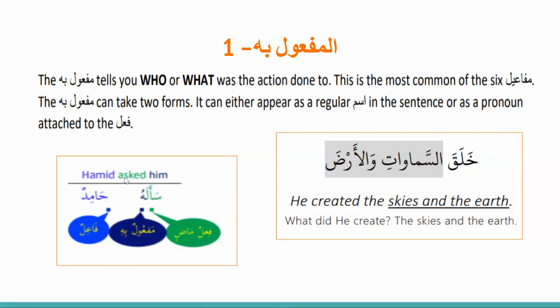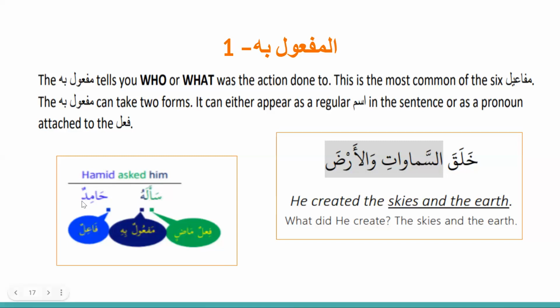And then in this sentence, we have an example of an attached pronoun attached to the fi'l as a maf'ul bihi. You know, attached pronouns are always either nasb or jar. They cannot be rafa, right? So if there is an attached pronoun with a fi'l, it is a maf'ul bihi.